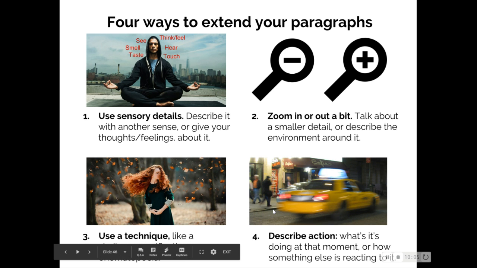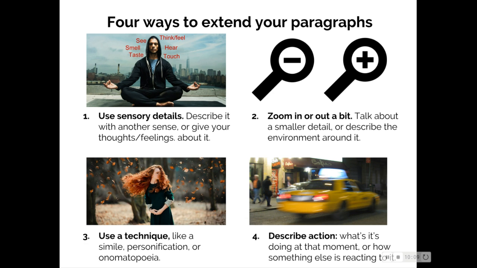Or you could describe the action, explain what the thing that you're focusing on is doing at that moment, or talk about how something else is reacting to that thing. All four are ways that you could come up with another sentence to extend your paragraphs just that little bit more.